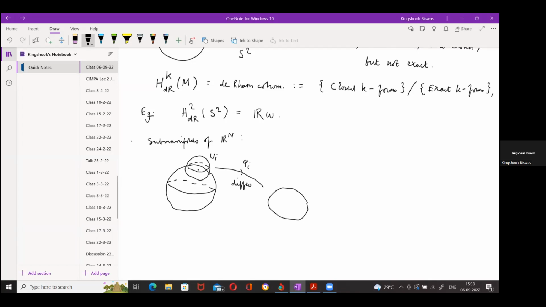So U_i is an open subset in R^N, and this maps to V_i, which is again an open subset of R^N. And U_i intersect M, the part of the sphere inside this ball, maps to the part of a plane inside this ball here.